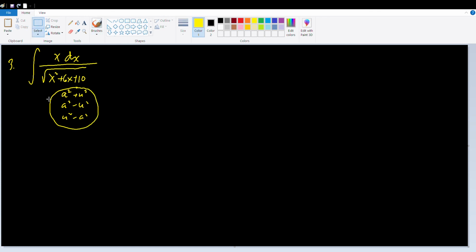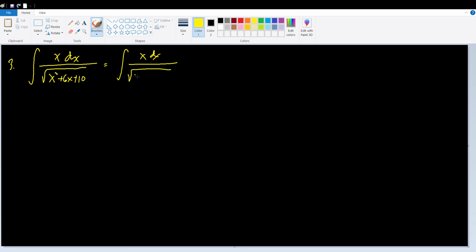So what we do is we complete the radical, in particular the radicand, as a perfect square trinomial. So we shall write this as the integral of x dx over the square root of x squared plus 6x plus 9 plus 1, where x squared plus 6x plus 9 is equivalent to x plus 3 squared.